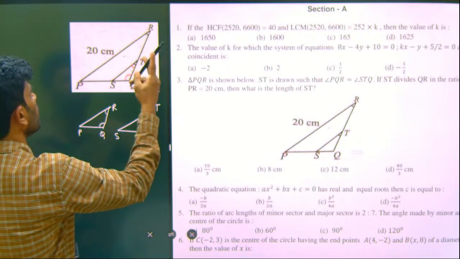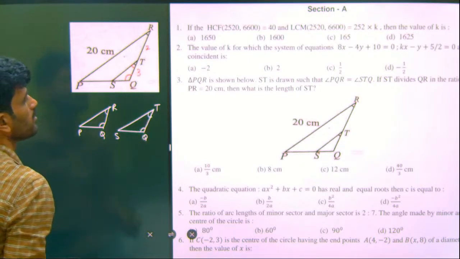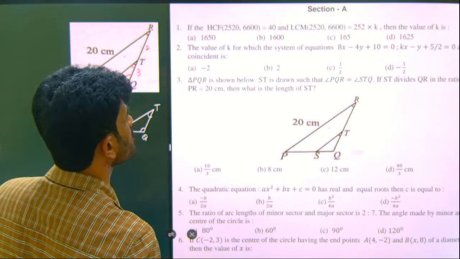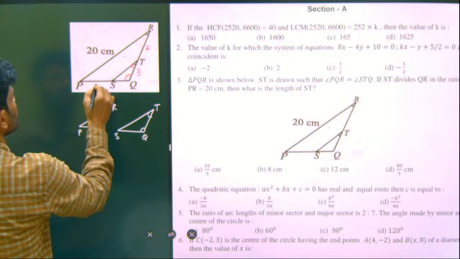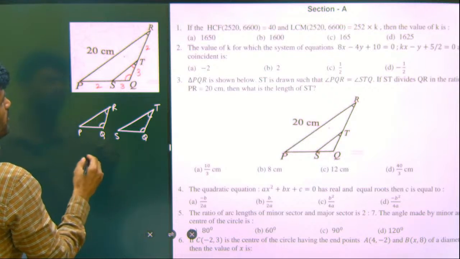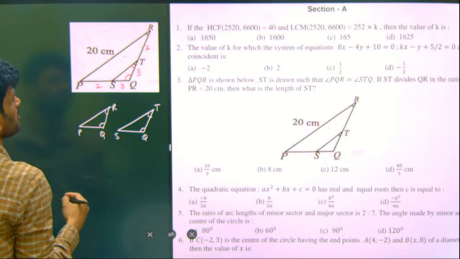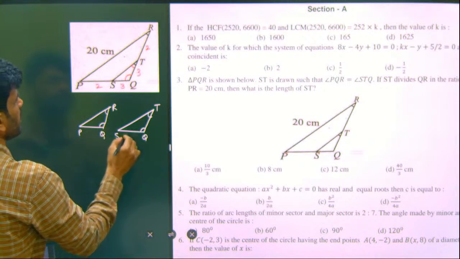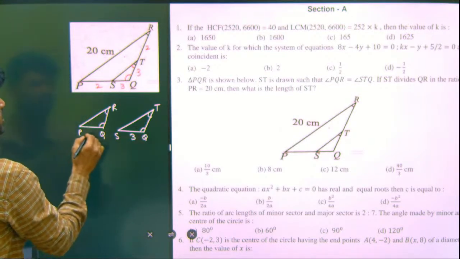This is 2, this is 3. So this is also 2, 3. So here SQ is 3, whereas PQ is 5.